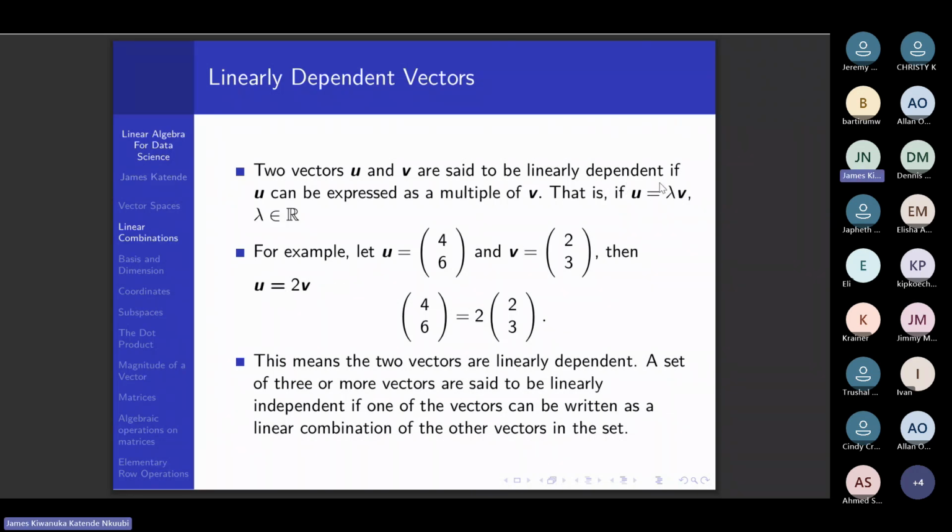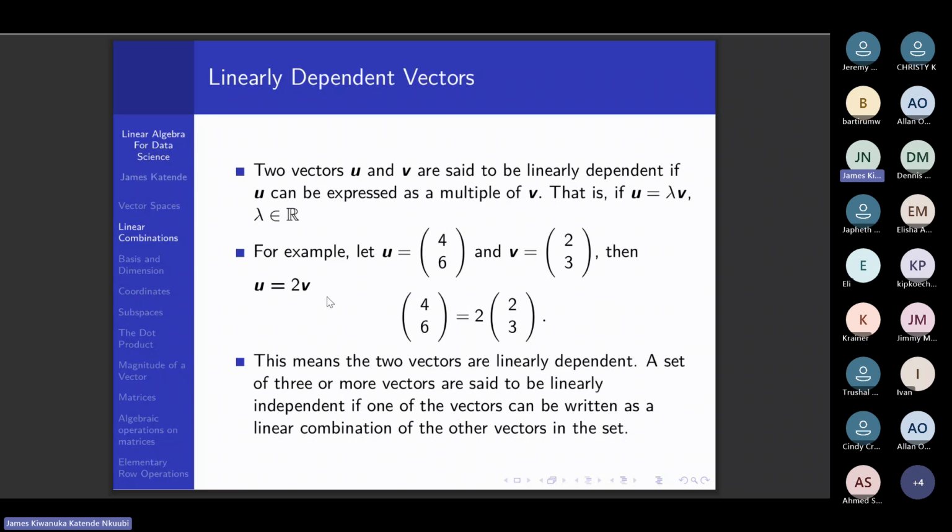Observe here that this definition is true for only a pair of vectors. We can extend this to more than two vectors, and we'll do that in a short while. But anytime you have two vectors, it's quite easy to check whether the pair is linearly dependent or not. If they're linearly dependent, it should be easy to check that one is a multiple of the other.